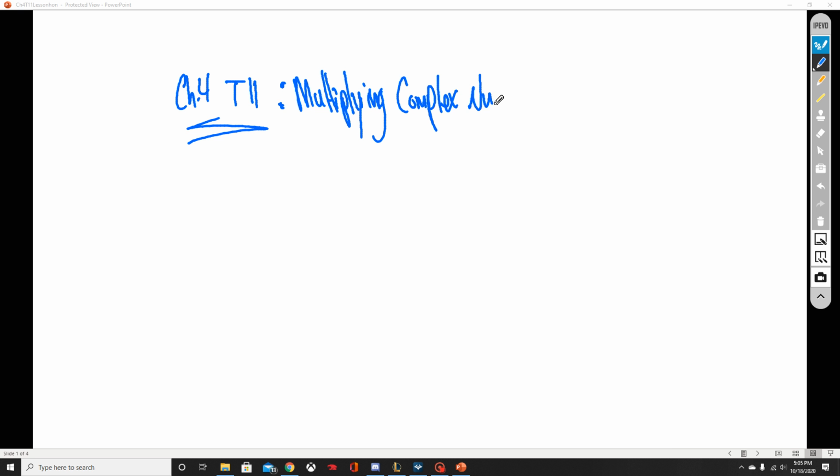Alright, today we are looking at Chapter 4, Topic 11. So this is multiplying complex numbers, and dividing, and complex conjugates.